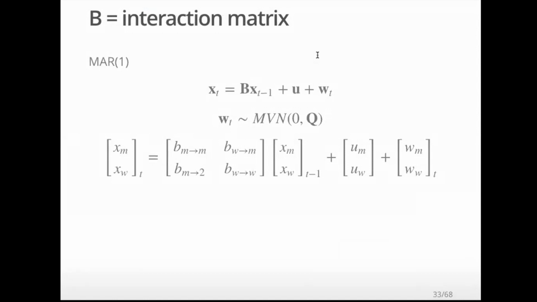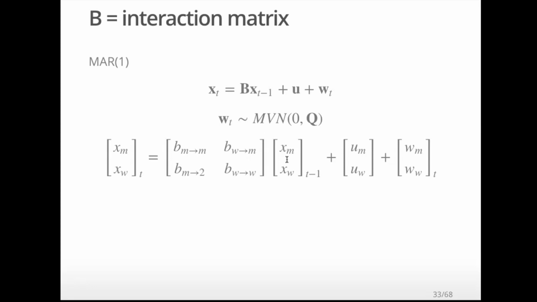So it looks like this, written in really compact form. Here's our moose and our wolf. And this is what is now called an interaction matrix. So this is the key thing. This captures how the moose and the wolves interact and affect each other, how they affect themselves, and then how they affect each other.